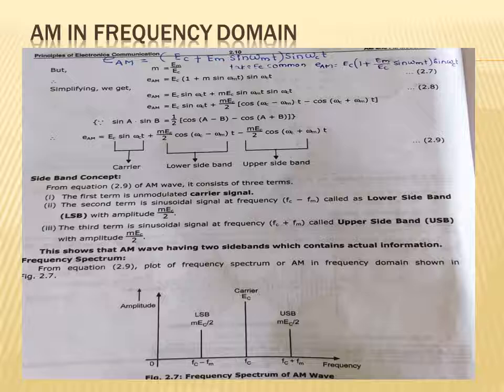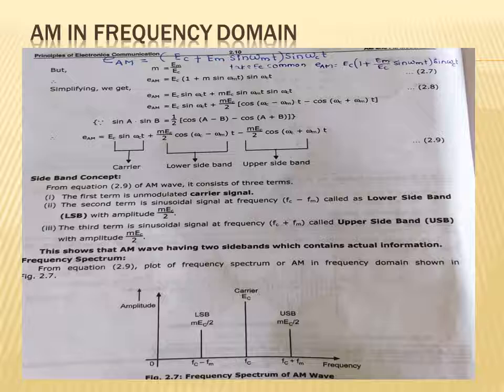Frequency spectrum of the AM wave: on the y-axis we have drawn the amplitude, on the x-axis the frequency. The middle one is the carrier signal, with amplitude Ec. See in equation 2.9, the first term is Ec, so the amplitude is Ec, and sin ωct gives the frequency fc. The first side band is the lower side band, LSB, with amplitude mEc by 2 and frequency fc minus fm.